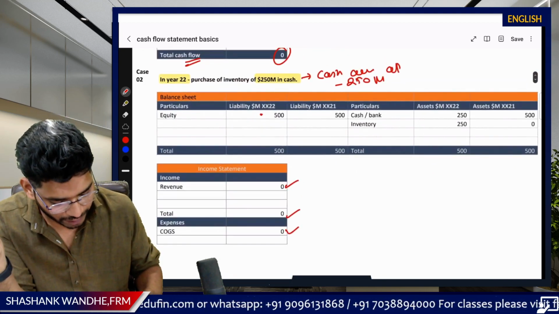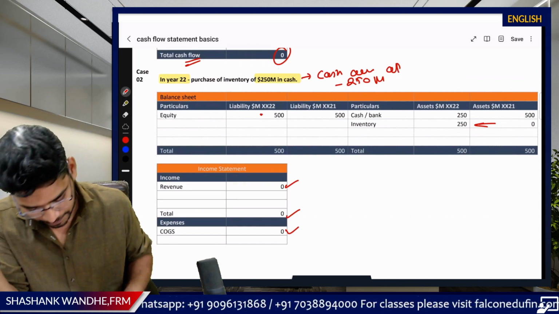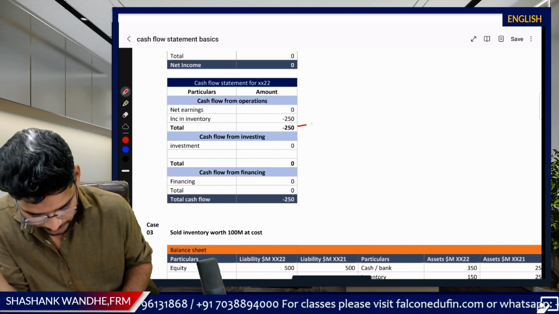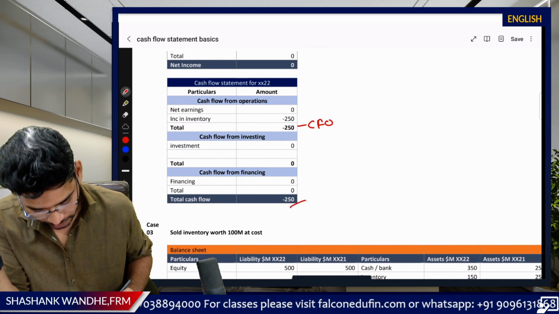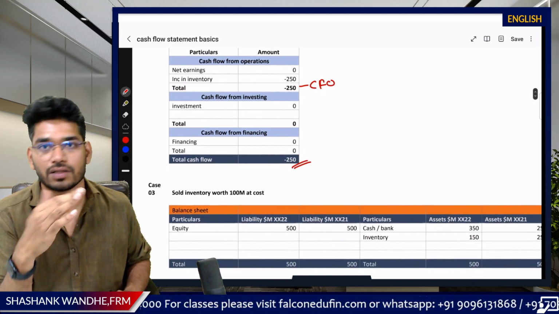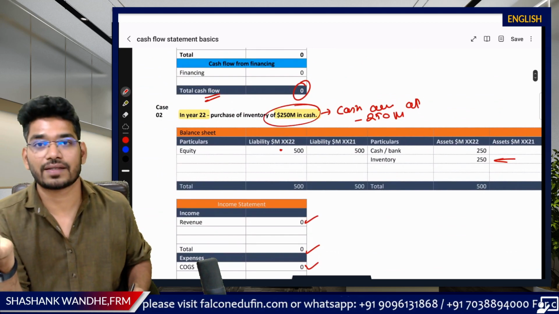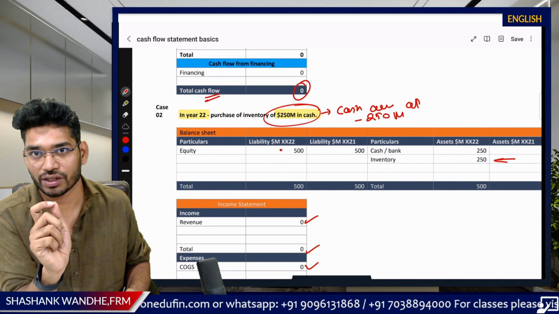What is the increase in inventory? From 0 to 250. So 250 increase, simply reduce 250. This is your CFO, net outflow, and this total is your net outflow of 250 million. And we know from the illustration that our total outflow was 250 million cash, right? Simple.